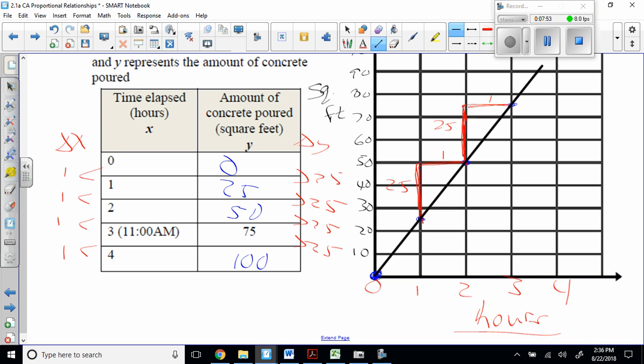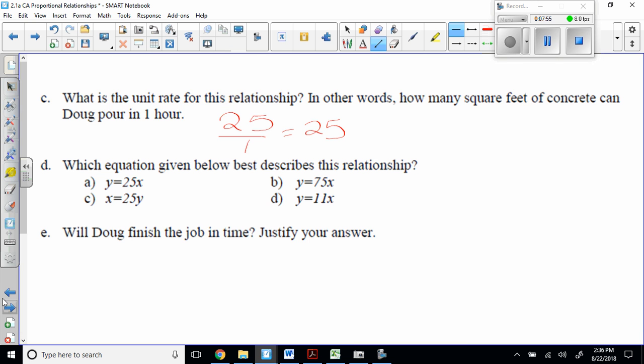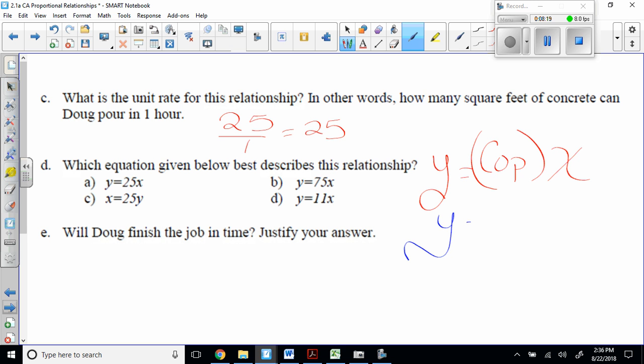Questions? All right. So just curious, what's the unit rate for the relationship? 25 over what? 1, which is what? 25. Now, they said, which equation best describes the relationship? Well, if I told you y equals the COP times x, and sometimes you'll see it like this, y equals kx.